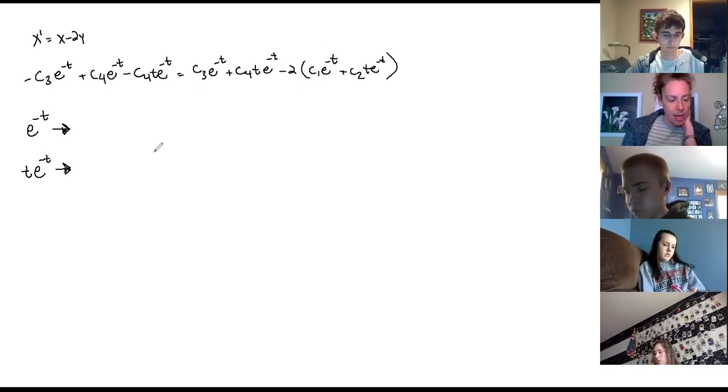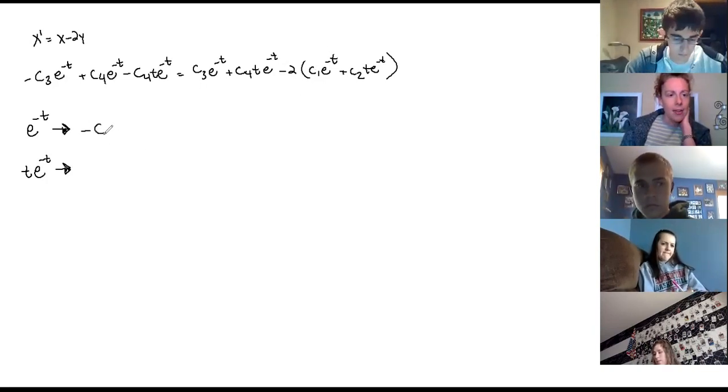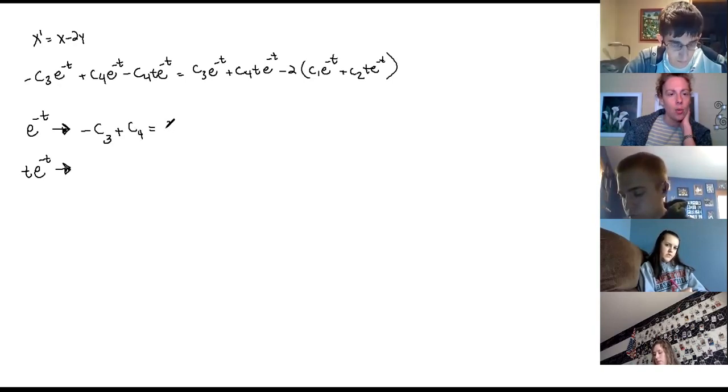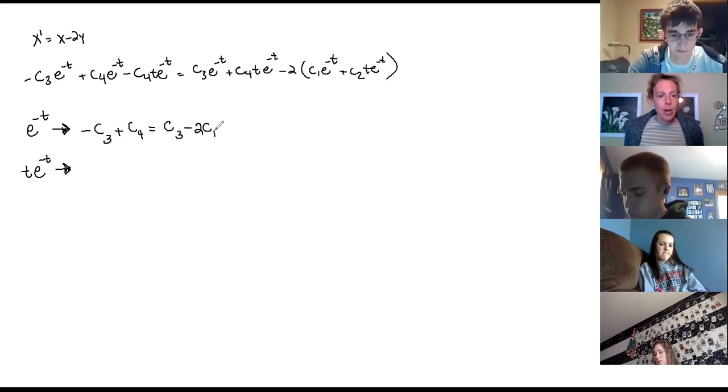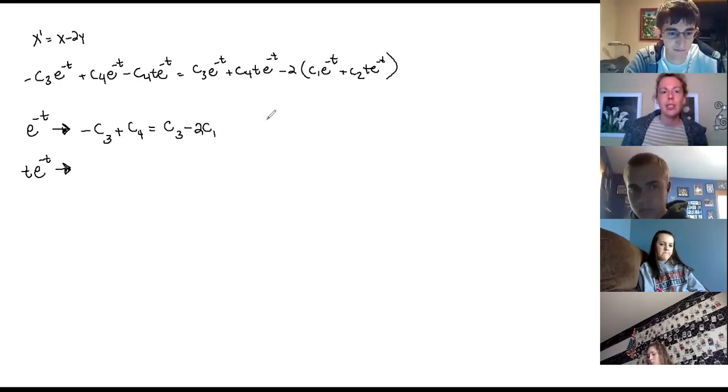This gives me negative c3 plus c4 equals c3 minus 2c1. Seeing it? Matching up those coefficients, negative c3 plus c4 equals c3 minus 2c1.